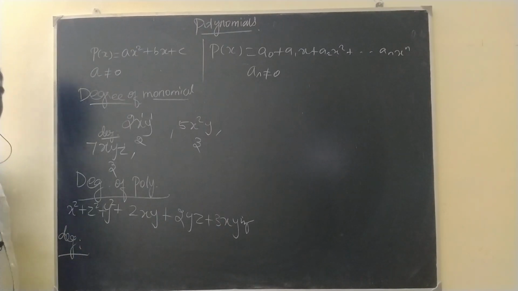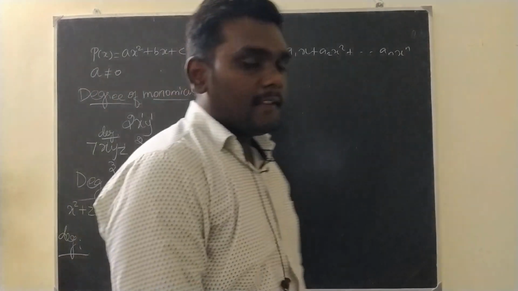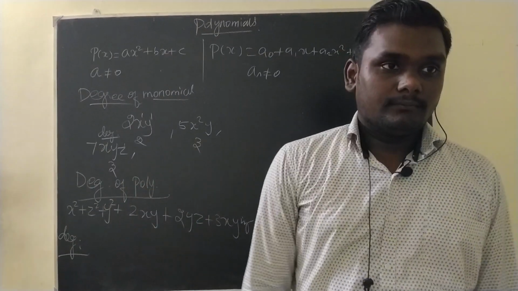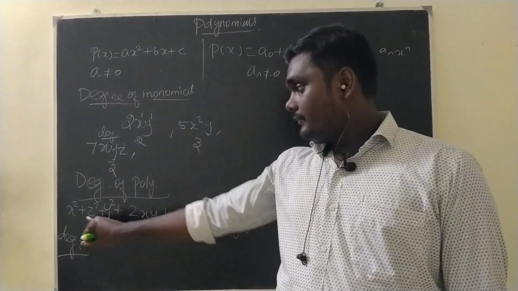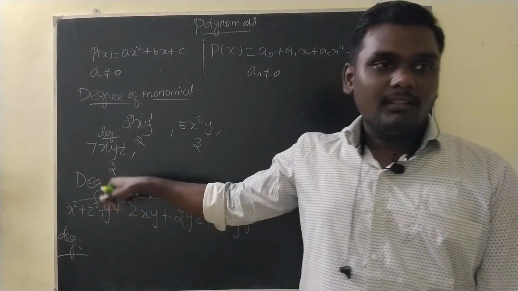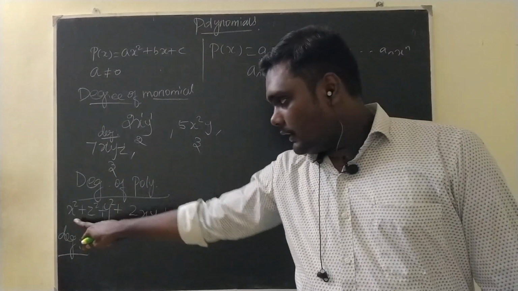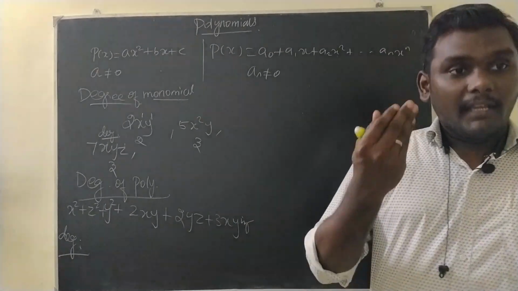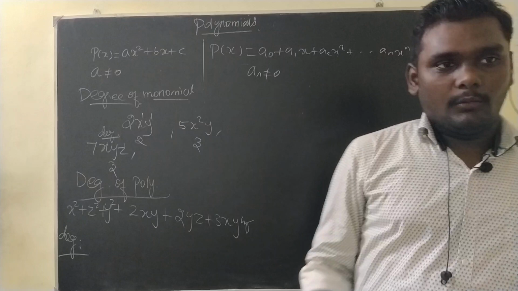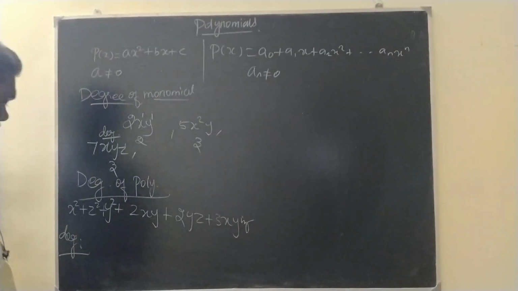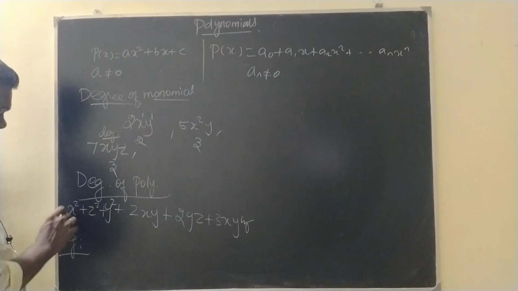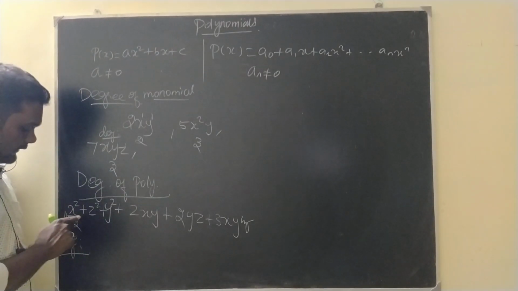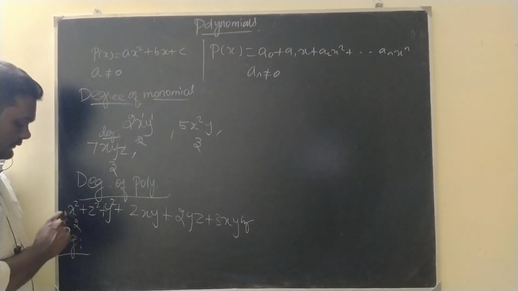It is the highest degree of the monomials contained in the polynomial. How many monomials does this have? Each term is a monomial, right? So 1, 2, 3, 4, 5, 6 terms it has. We find out the degree of each monomial. Let me write it this way. The degree of this term is 2. Don't consider this x by 2. The degree is 2, I am writing. Okay.